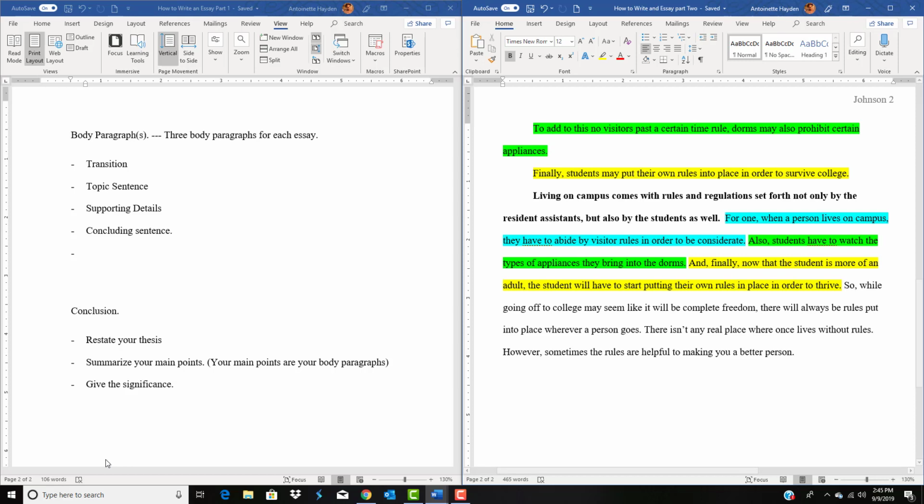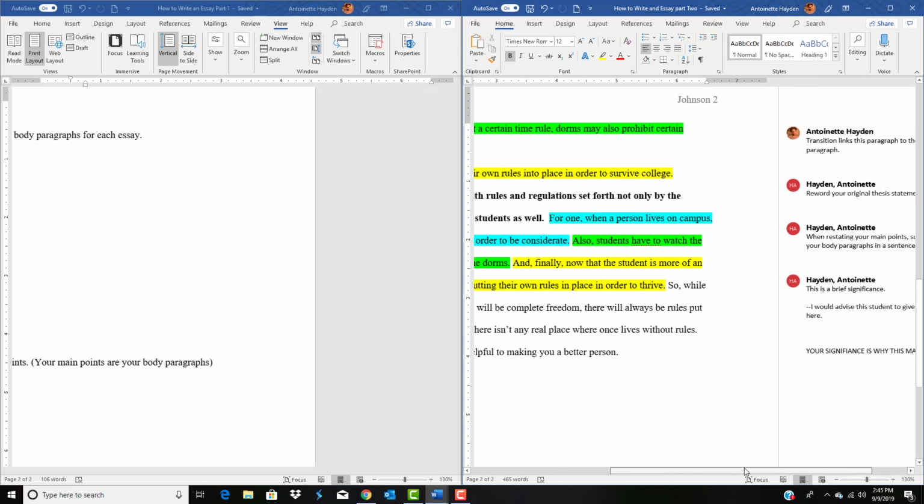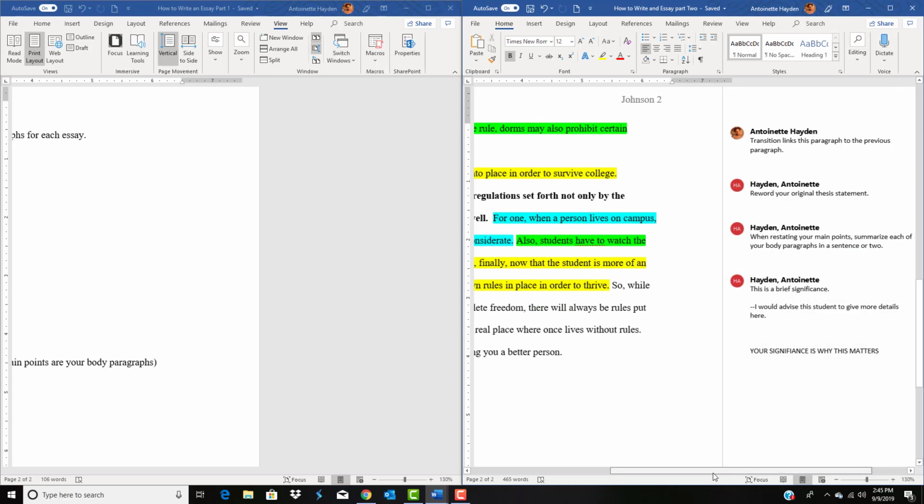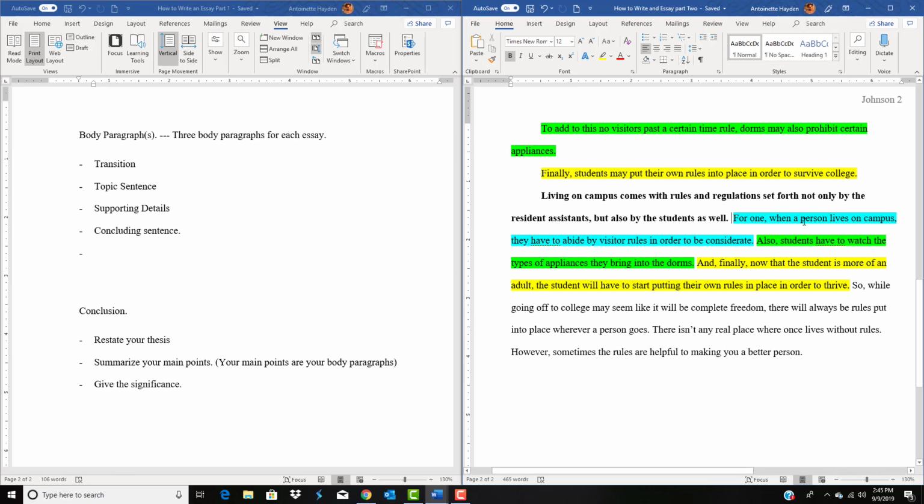And then after that, you summarize your main points. Your main points are your body paragraphs. So what you would do here is take your body paragraphs and summarize each of your body paragraphs in a sentence or two. So for one, when a person lives on campus, they have to abide by visitor rules in order to be considerate. That is paragraph 1.